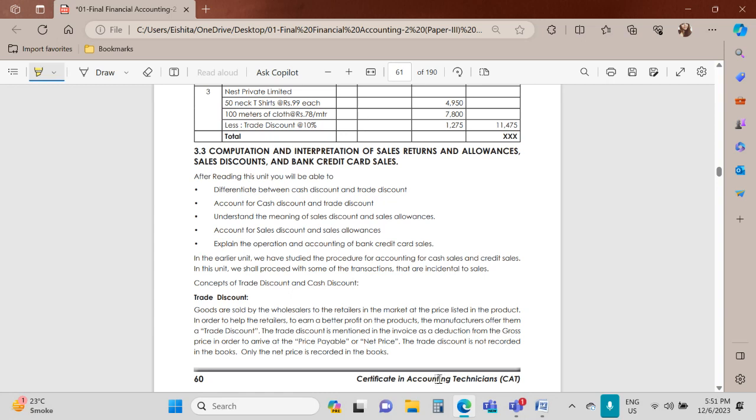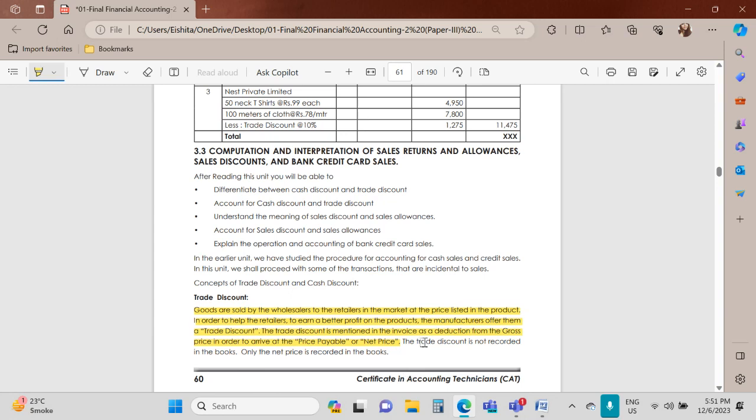Okay, goods are sold by the wholesalers to retailers in the market at the price listed in the product. In order to help the retailers to earn a better profit on the products, the manufacturer offers them a trade discount. The trade discount is mentioned in the invoice as a deduction from the gross price in order to arrive at the price payable or the net price.